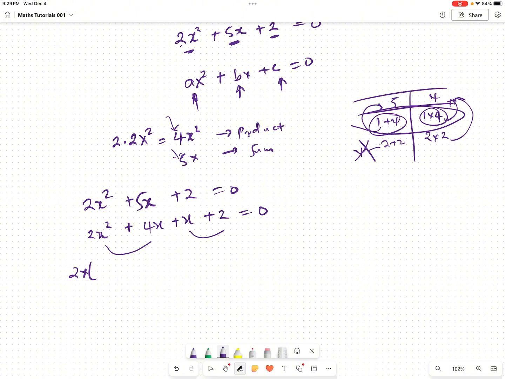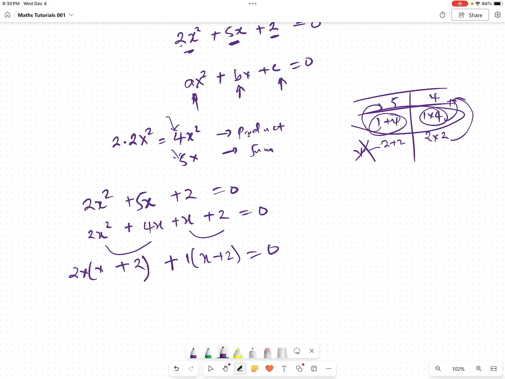If I remove 2x from 2x squared, I'm just left with an x. If I remove 2x from 4x, I am left with what? 2. Okay? Plus, what is common between these two? It's 1. So 1 into x plus 2 is equal to 0.